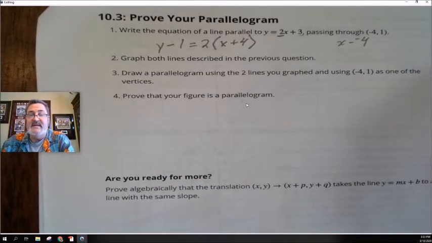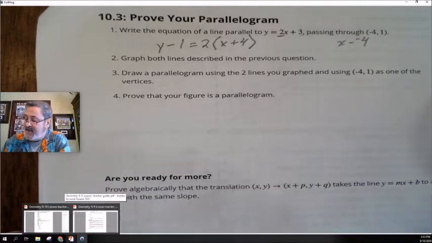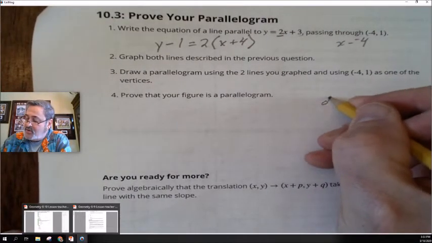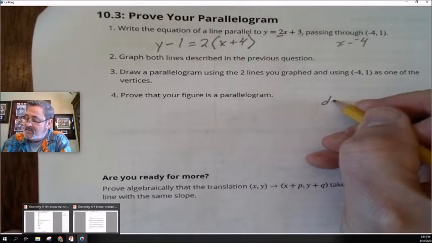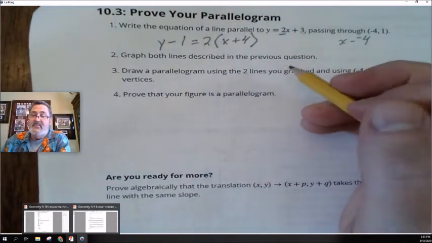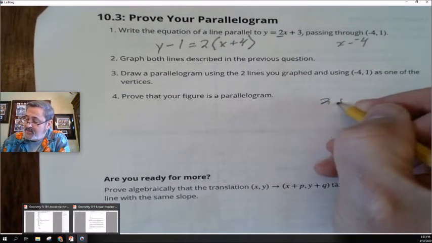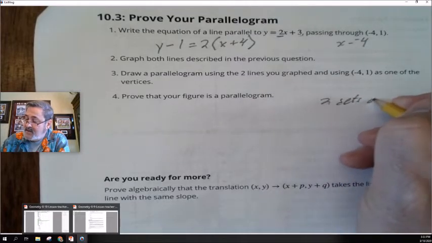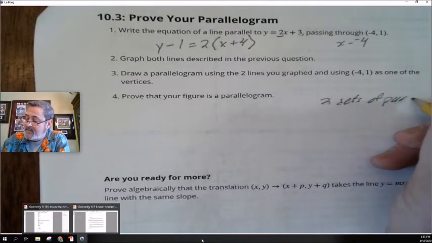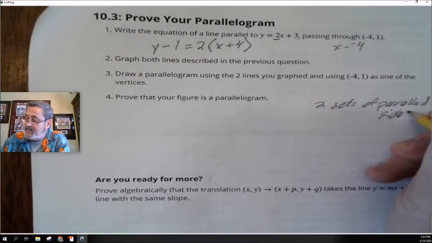Prove that this is a parallelogram. Okay, so that leads us to what is required for a shape to be a parallelogram. We're going to need to prove that it has two sets of parallel sides, right?